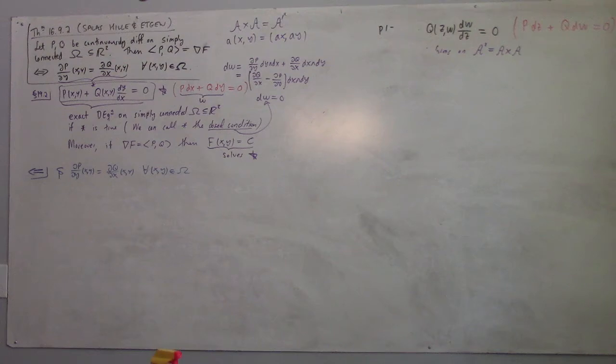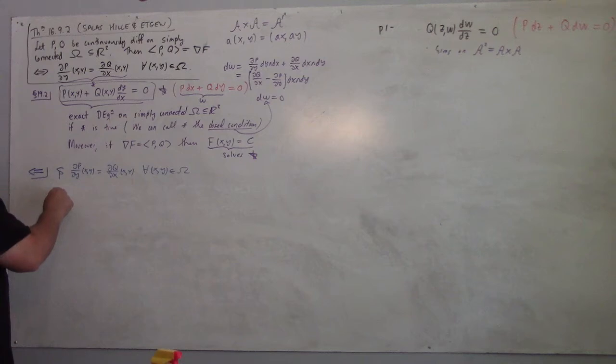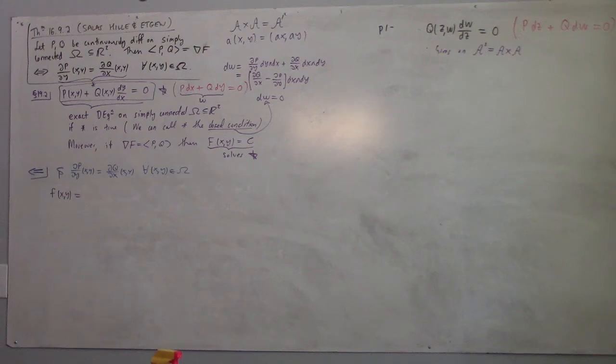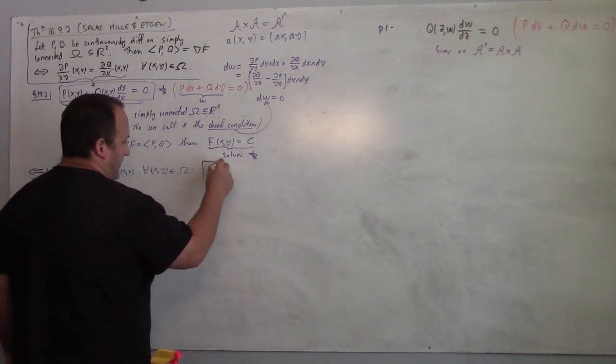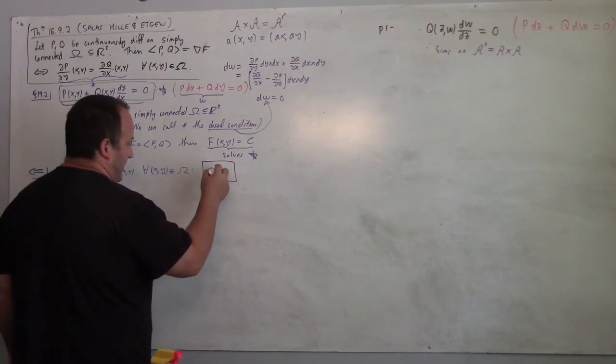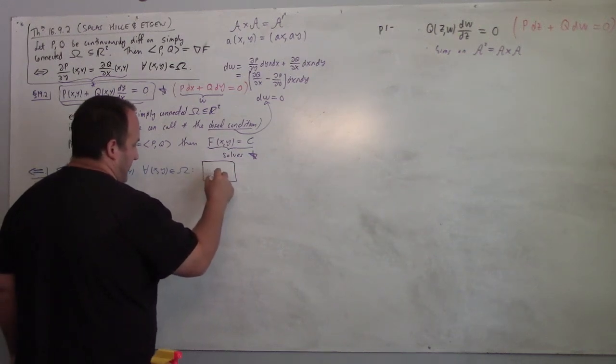Yeah. Let's write it down here and try to work through it. So we assume this condition. Then we write down our alleged potential function, f of x comma y, equal to the integral... So we also pick a point. I think he says for simplicity he's going to assume that omega is rectangular.